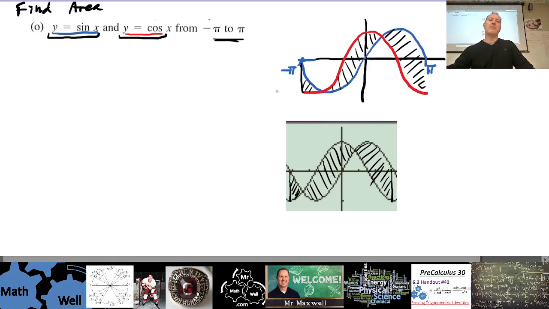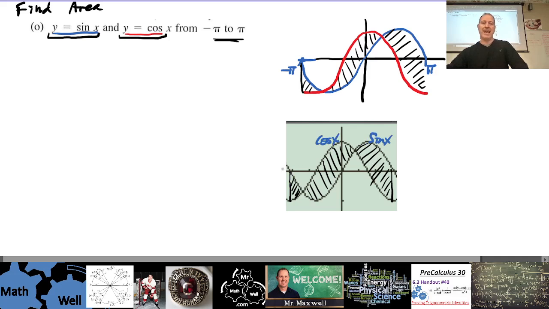Now, what we have to do here is split this into several sections. We don't worry about the x-axis really at all. We don't have to think positive, negative, and all that. We just take the difference between the upper function and the lower function for each section. This is the sine x and this is the cos x.